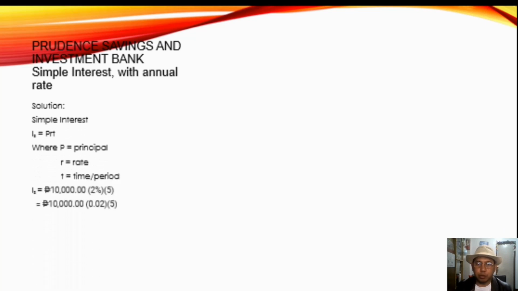In the Prudence Savings and Investment Bank, simple interest with the annual rate, we are going to have this computation. We have 10,000 multiplied by 2% multiplied by 5 years, or 10,000 multiplied by 0.02 multiplied by 5. Now what would be the result?